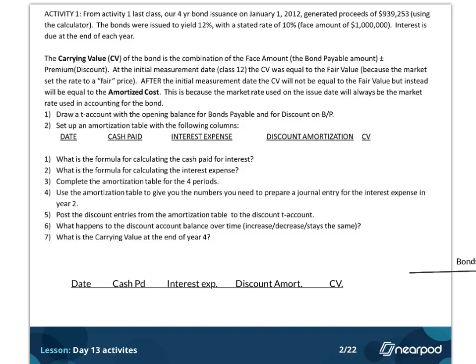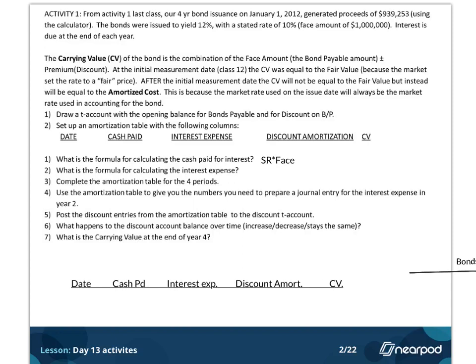And then we talked about some formulas. What's the formula for calculating the cash paid for interest? We used that one the other day. That was our stated rate, which I'm abbreviating SR here, times the face amount. That is the formula for calculating the cash payment for interest.